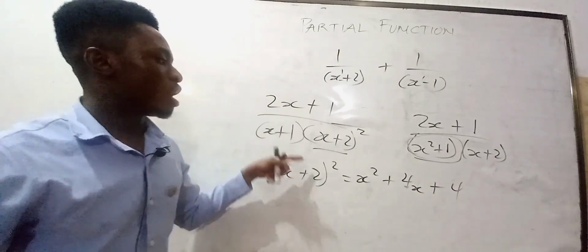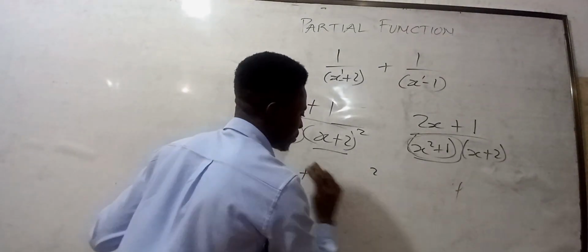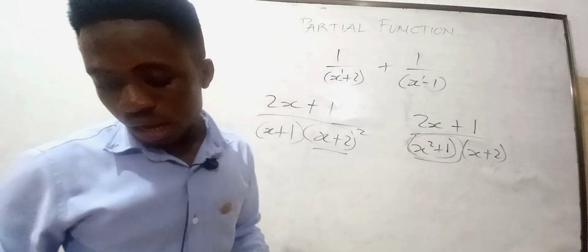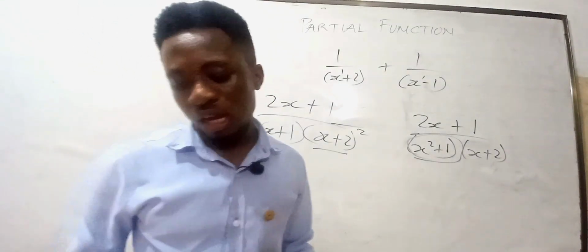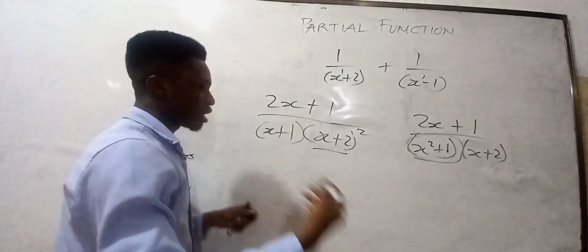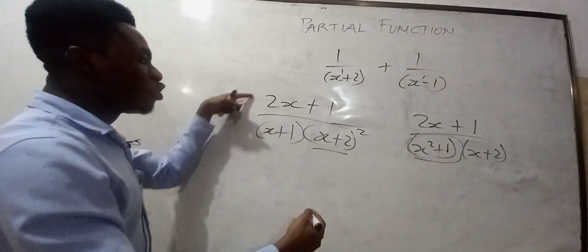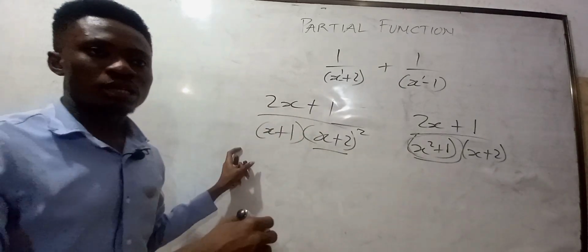And the last type is the improper fraction. With that one, the numerator is greater than the denominator.